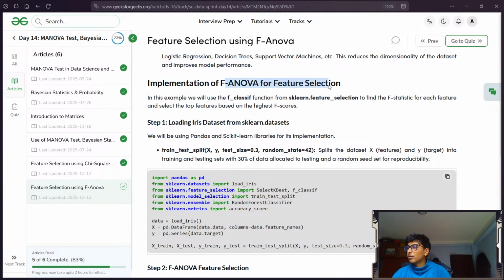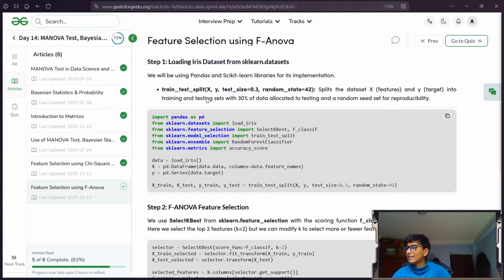Implementation of F-ANOVA for feature selection. In this example, we use the f_classif function from sklearn feature_selection to find the F-statistic for each feature and select the top features based on the highest F-score. Loading the iris dataset from sklearn datasets. We will be using pandas and scikit-learn libraries for its implementation.